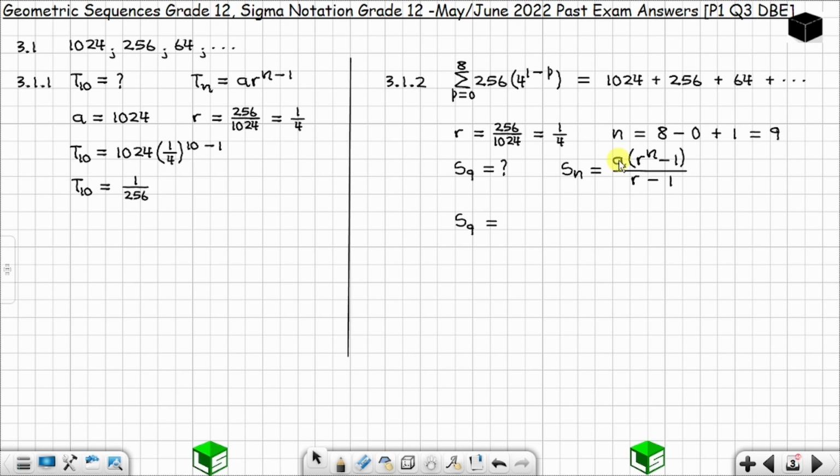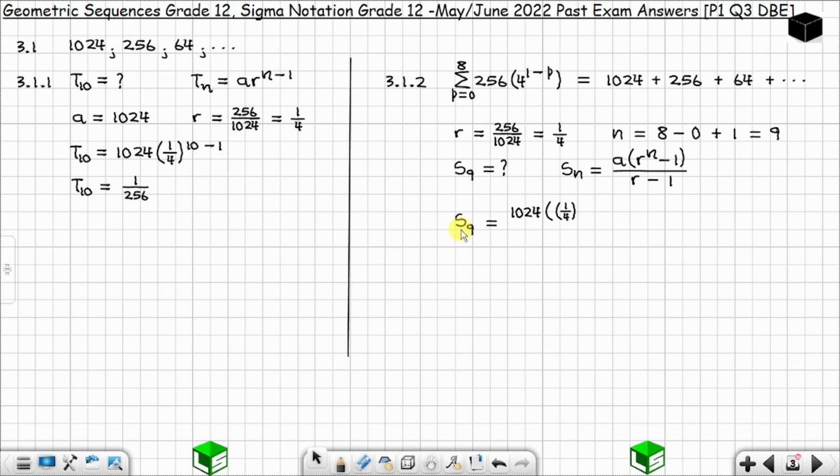What is your A? Your A is the first term. Remember that. A is the first term. And this is the first term, so your A is 1024. This is your A. In bracket, you have R, which is the common ratio, to the power of n. So the common ratio is 1 over 4, to the power of n, which is 9, because you are taking the sum of 9 terms.